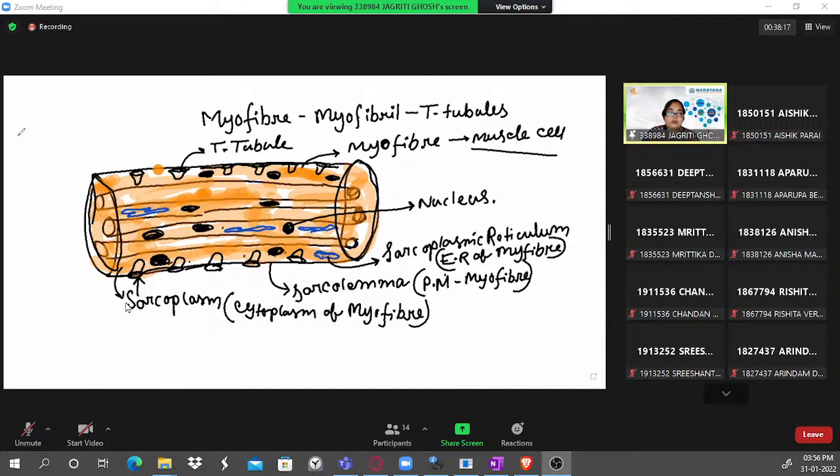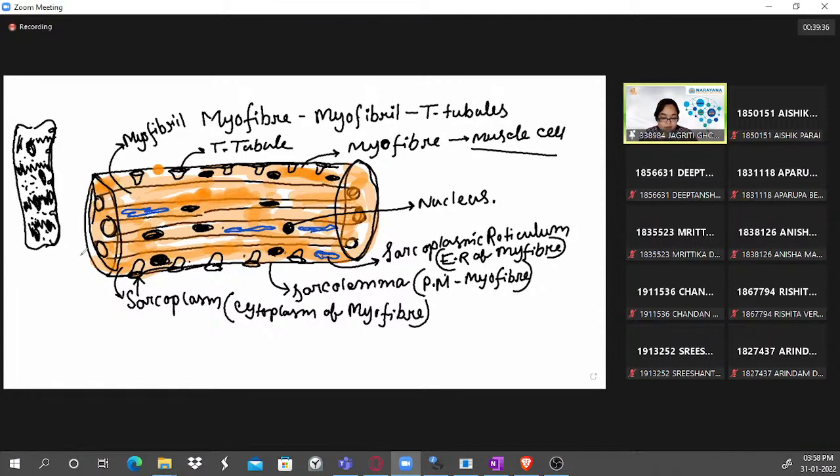These structures are called myofibrils. Inside the sarcoplasm, there are endoplasmic reticulums known as the sarcoplasmic reticulum, and multiple nuclei are present.